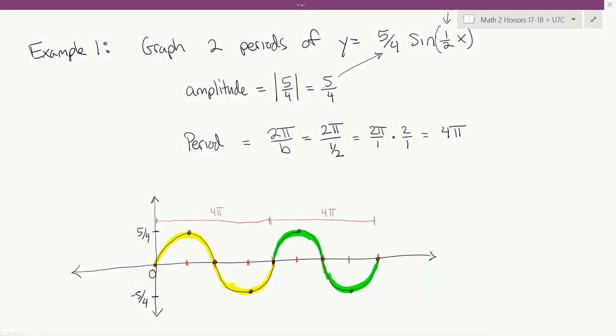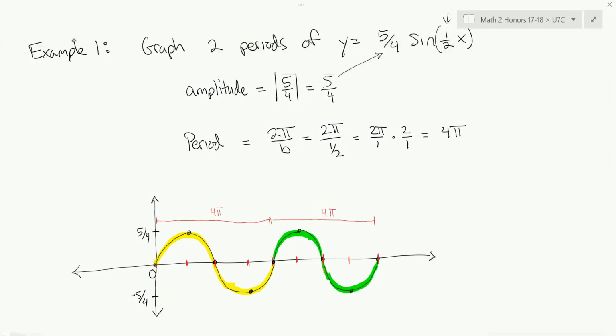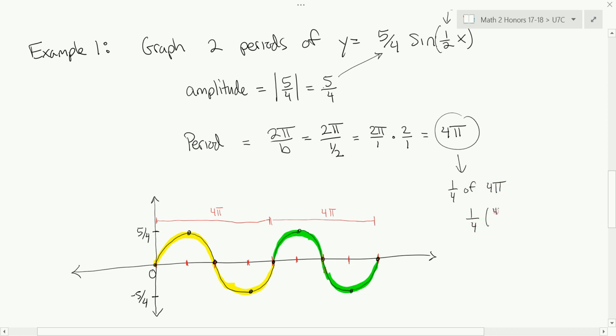And so because each period is broken into fourths, what we can do is take our period, find 1/4 of it, which is 1/4 times 4 pi, and we end up with 4 pi over 4, which reduces to pi.